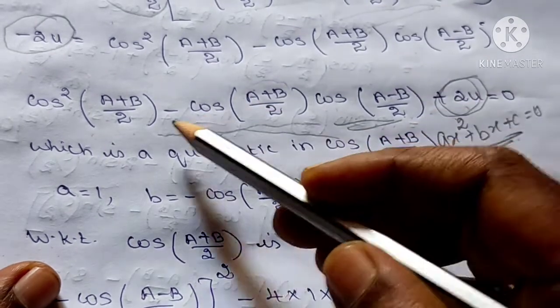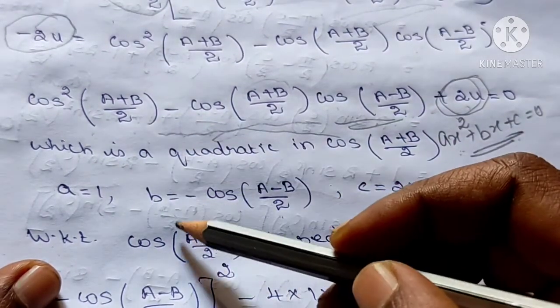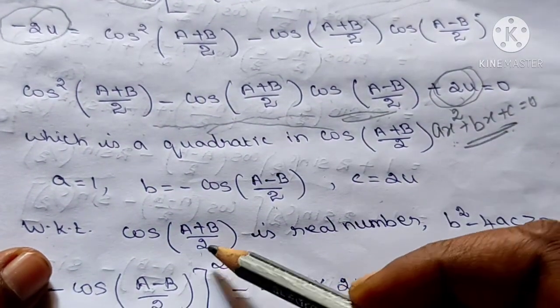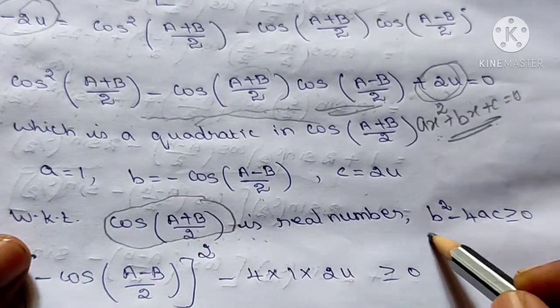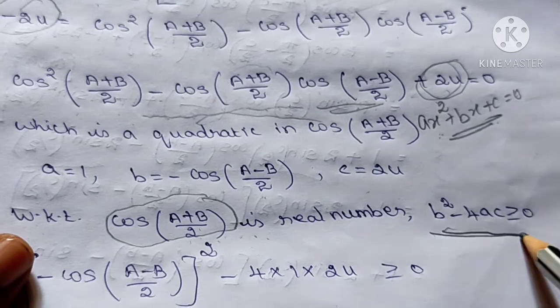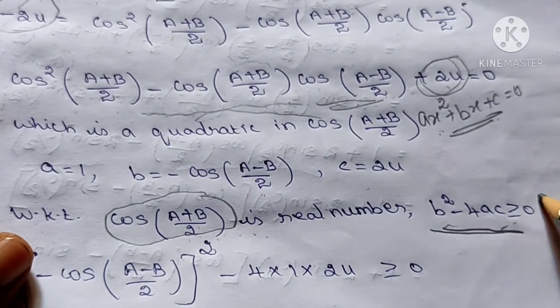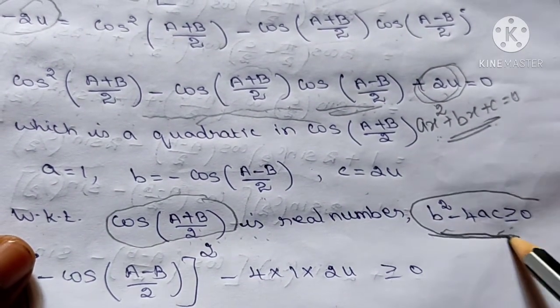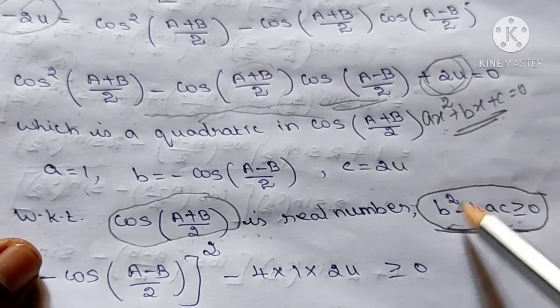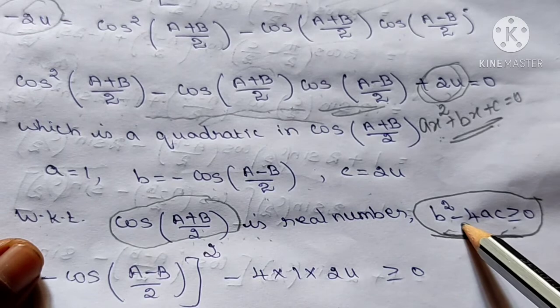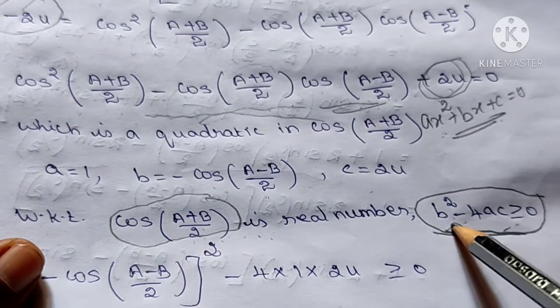Here x is cos a plus b by 2. Okay, so you know that cos a plus b by 2 is a real number. So b square minus 4ac is greater than or equal to 0. Substitute this a, b, c value in this equation.